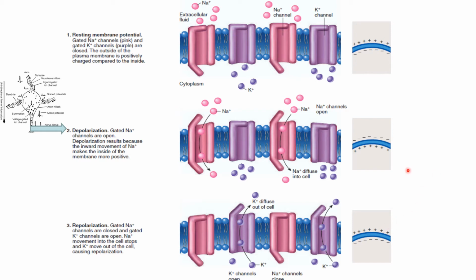Then this hyperpolarization is adjusted by the sodium potassium pump, which pushes 3 sodium outside and 2 potassium inside, so again they are adjusted.